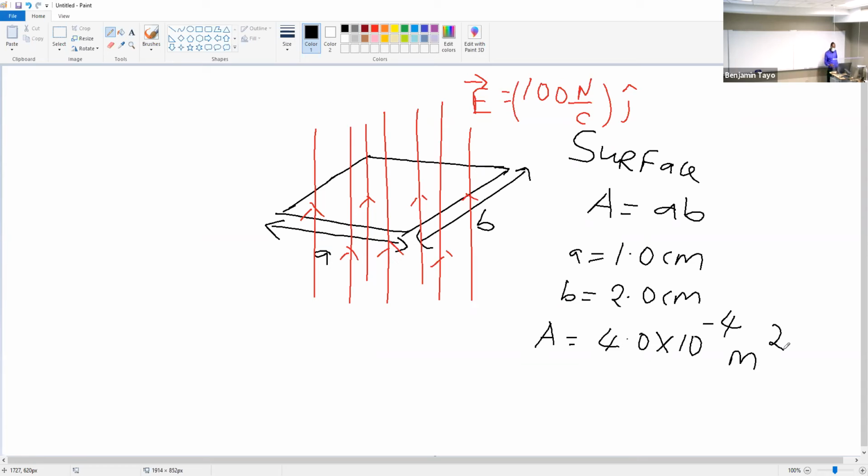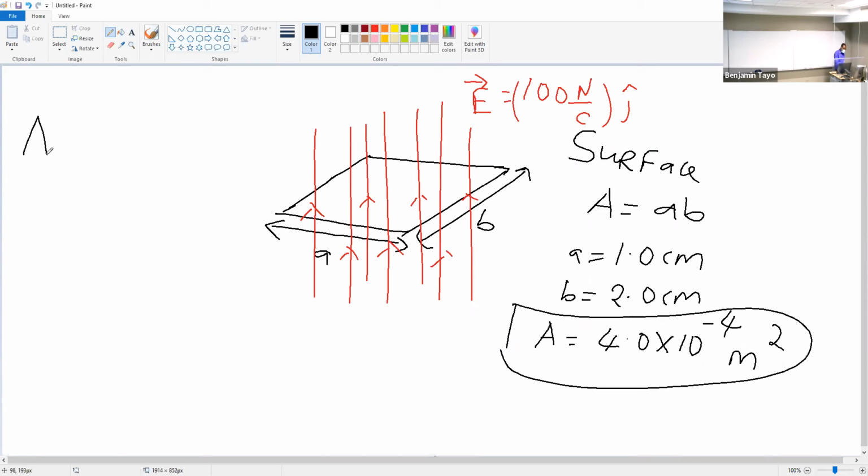Now this is what is very useful here. So the area vector is the magnitude of the area, 4.0. And this is important.